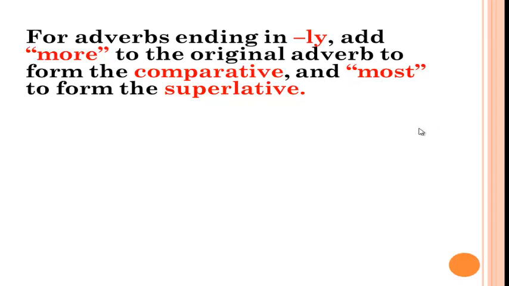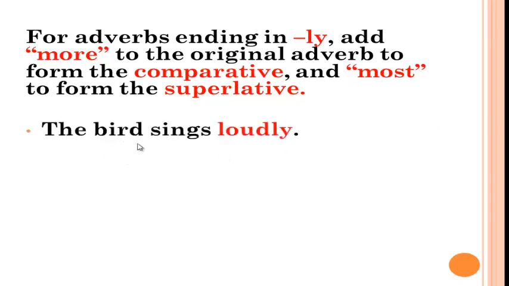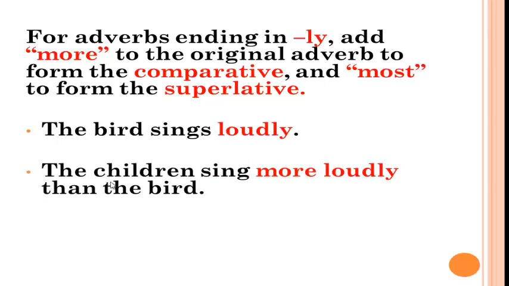Let's have some examples. The bird sings loudly. The adverb here is loudly. It has ly at the end, so it has a different form. It has two syllables. So when we make comparison, we add more or most. The children sing more loudly than the bird.